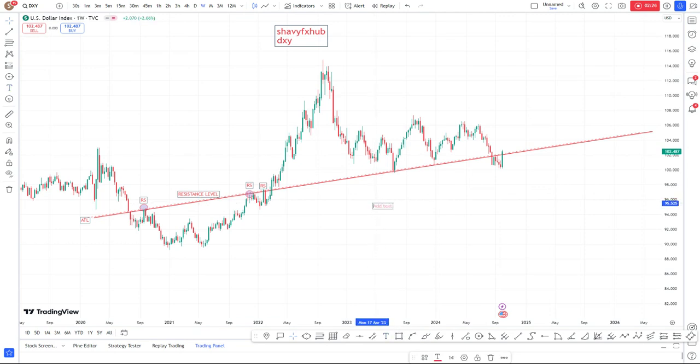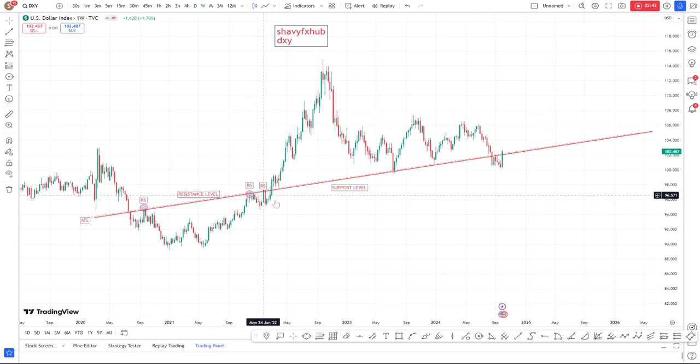At the bottom, a support level. So when we say break of structure, we use terms like BS, BO, ROS, SR.